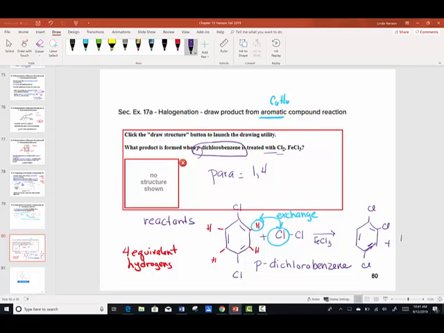And by the way, we would end up with the other product, HCl. So these 2 have exchanged places. I end up now with 1, 2, 4 trichlorobenzene. No longer does the ortho-meta-para work because I don't have just 2 chlorines anymore. I have 3, so all must appear in the name.